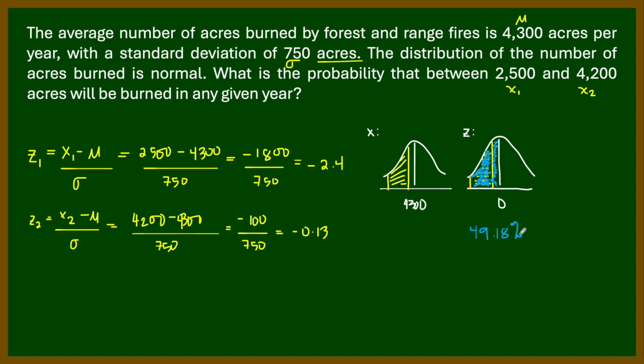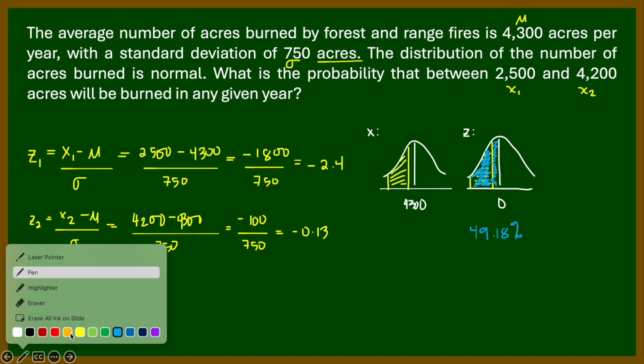Right. Next is z sub 2, which is negative 0.13. Since we have no negative in the Z table, we are taking the positive side since the normal curve is symmetric. We got it earlier, didn't we? The value for 0.13 as z for the area is 5.17%.